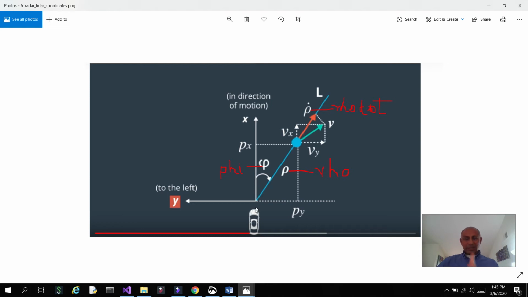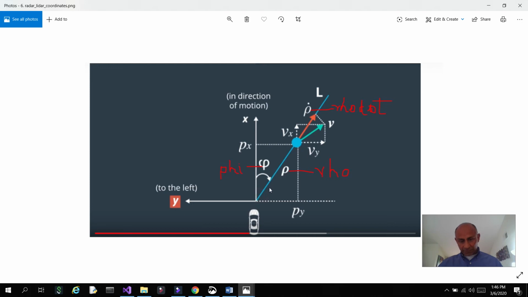Wherever the vehicle is heading, that's the x direction, and this is the y direction. LiDAR is measuring in vehicle coordinates, or Cartesian coordinates. Radar is measuring in polar coordinates.